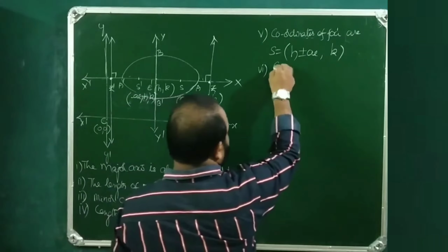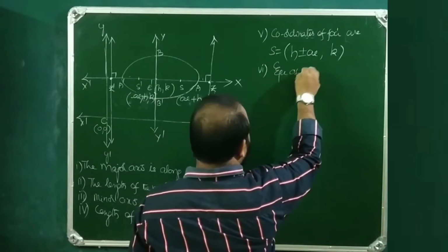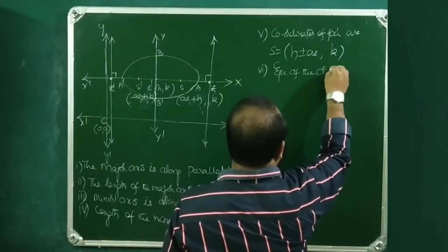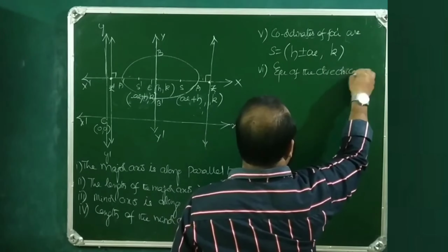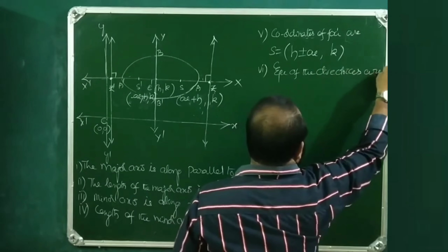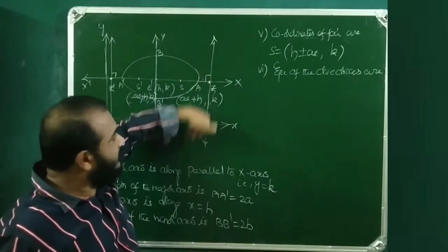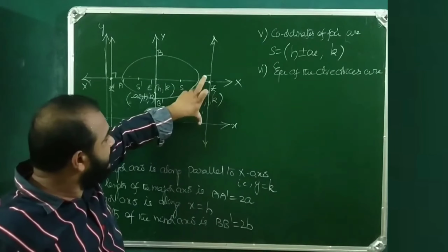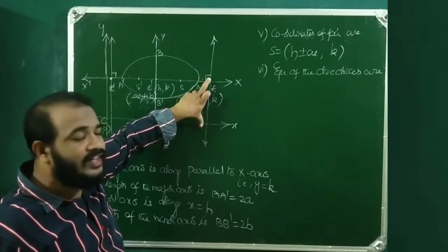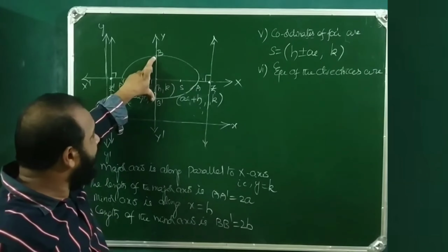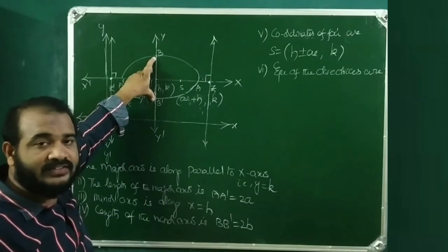Equation of the directrices. Earlier this line, this is the equation of the directrix. Any line which is parallel to the y axis is of the form x equals something.